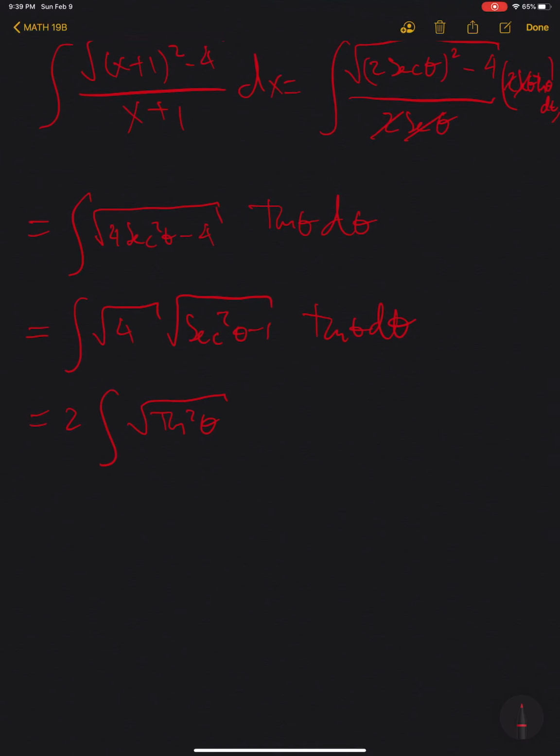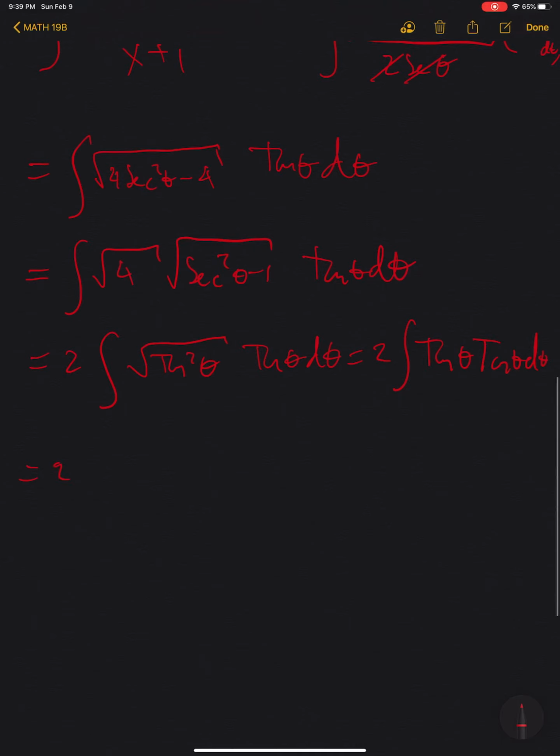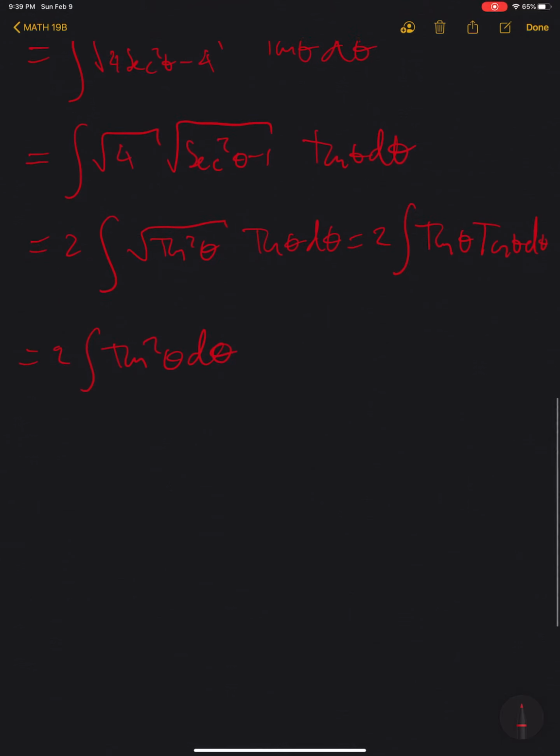Whenever we have this, we just simplify the expression, and this becomes 2 times the integral of tangent theta times tangent theta d theta, which becomes 2 times the integral of tangent square theta d theta. Now, in order to work out this trig integral, we can apply again the same identity as before, and this becomes 2 times the integral of secant squared theta minus 1 d theta.